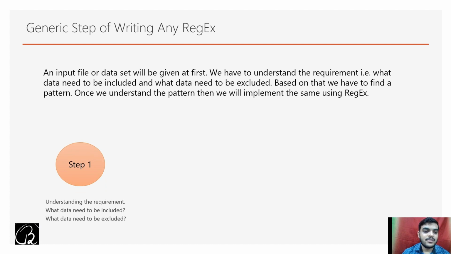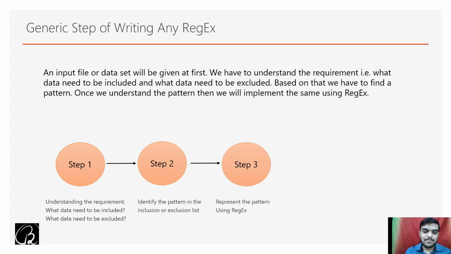In the first step, we understand the requirement, what data needs to be included and what data needs to be excluded. After that, you identify the pattern in the inclusion or exclusion list. Once that is done, in step 3 you apply the same pattern with the help of regex.